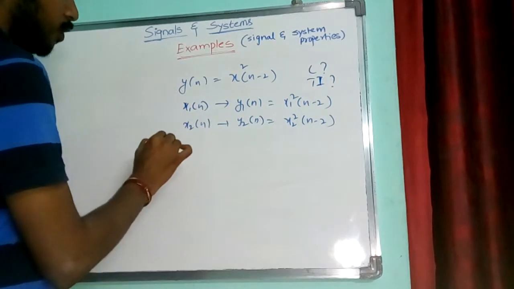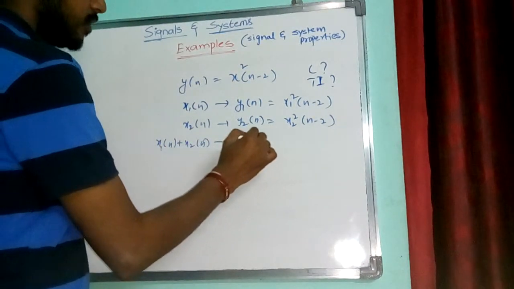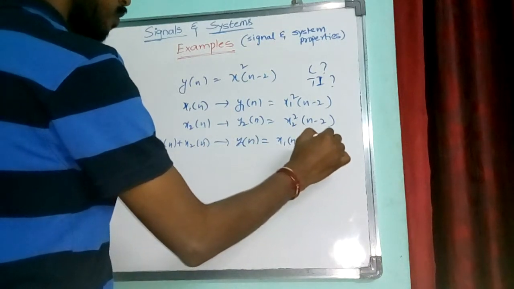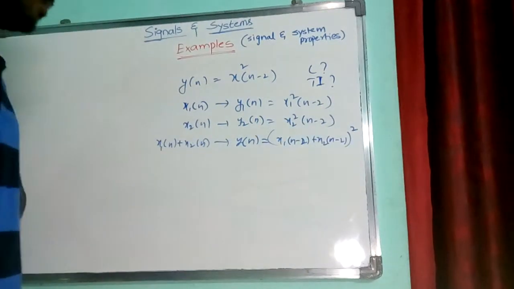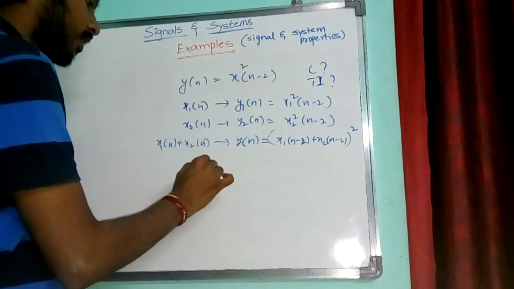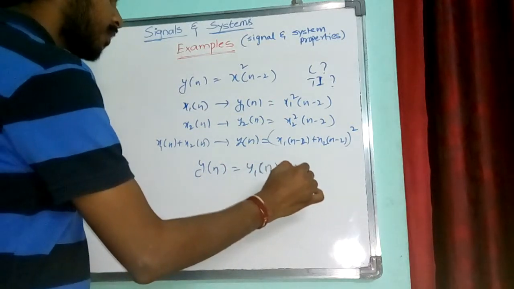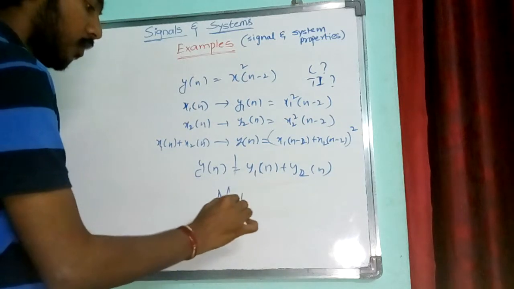Whereas when x1 of n plus x2 of n both are the inputs, y of n is the output, it is x1 of n minus 2 plus x2 of n minus 2 whole square. So by looking at it, we can say y of n is not equal to y1 of n plus y2 of n. System is non-linear.